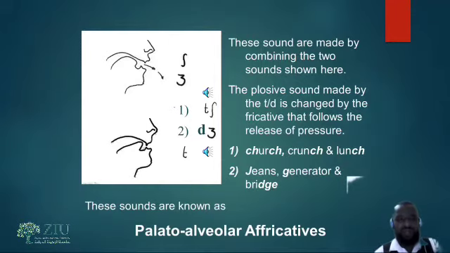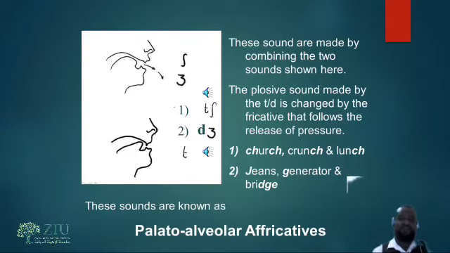We combine ta and sha, which gives us, for example, church, crunch, and lunch, the cha sound. Also ja, like jeans, jam, jump, generator, bridge, etc. These sounds are known as the palato-alveolar affricatives.